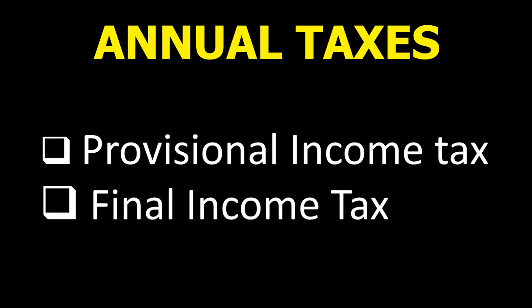So, for instance, we have entered the new year, 2025, 2026. The first installment of the provisional income tax must be paid in the first 3 months of the new financial year.